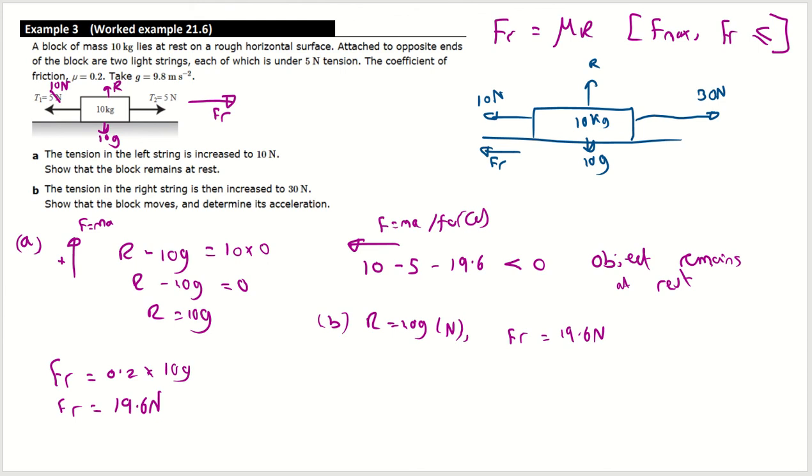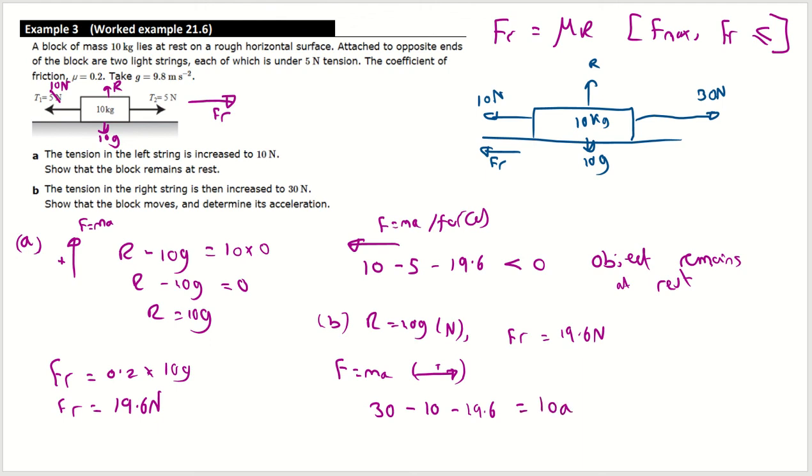So we're just going to look at the forces, the F equals ma, going to the right, because that's where it is having the bigger forces. So I've got 30 newtons minus 10 newtons minus what we know is 19.6, and that is equal to 10a, so that's the ma.